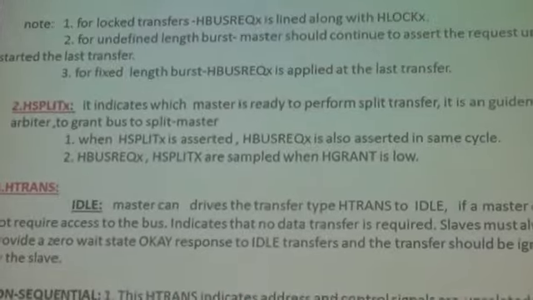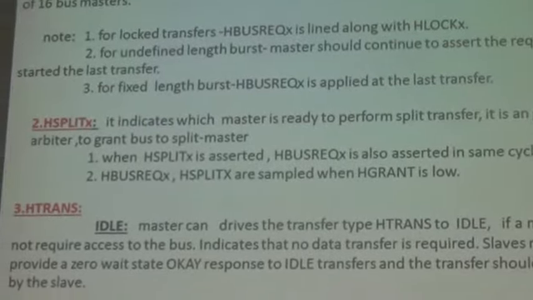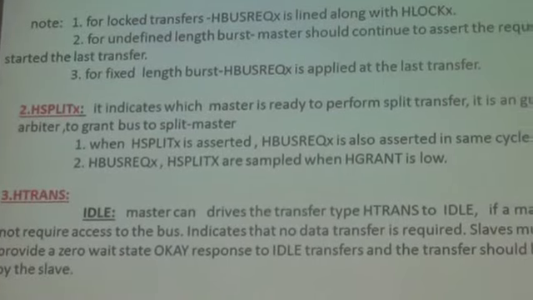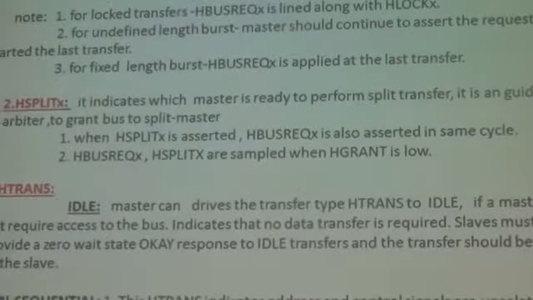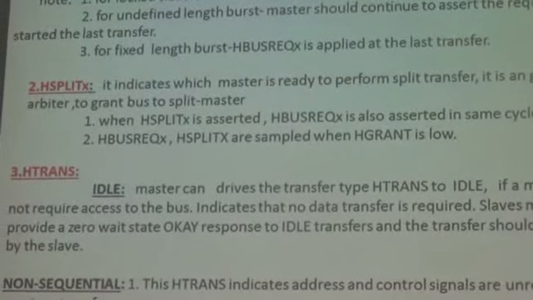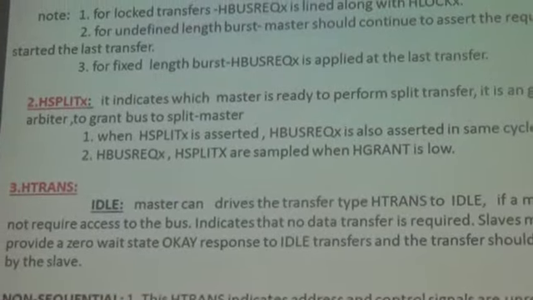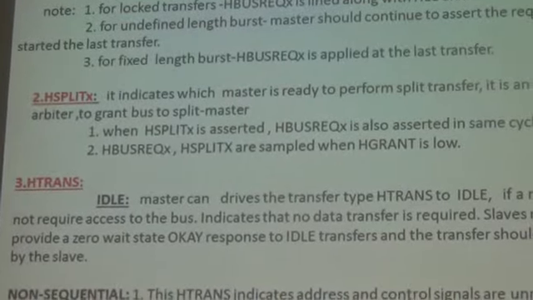The second signal we are going to learn is HSPLITx. It indicates that the master is ready to perform a split transfer, and it is a guidance to the arbiter to grant the bus to the split master. You may come across this in split transfers.